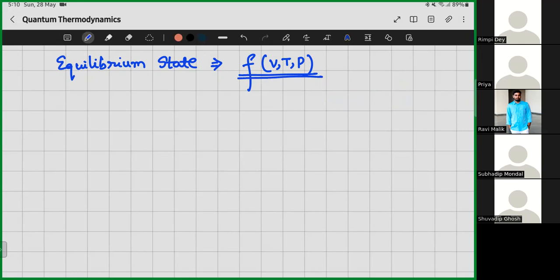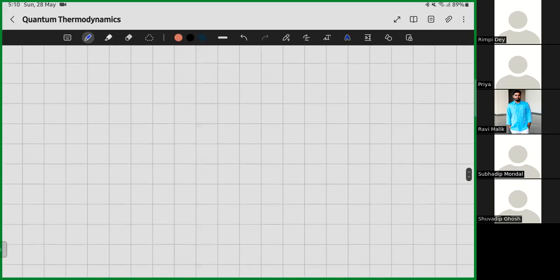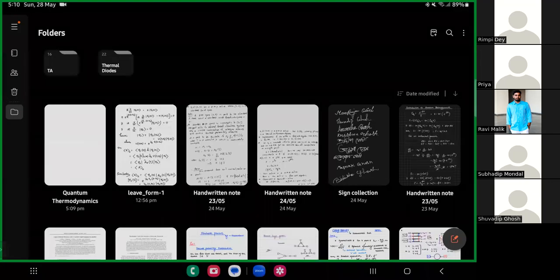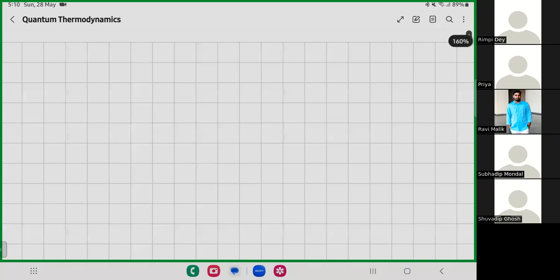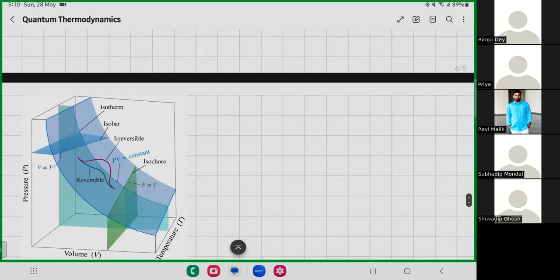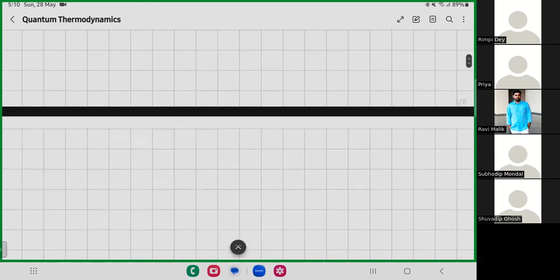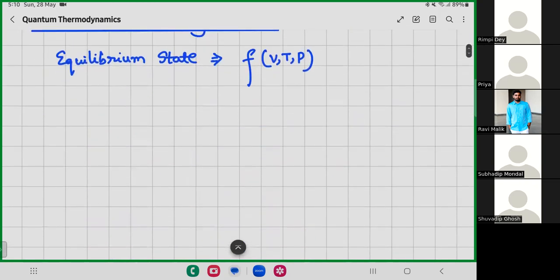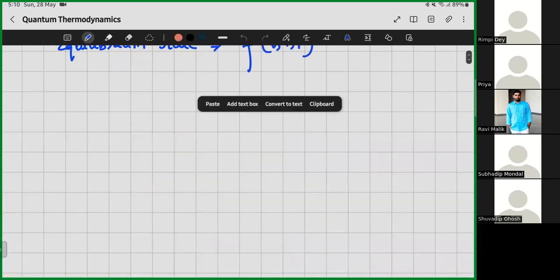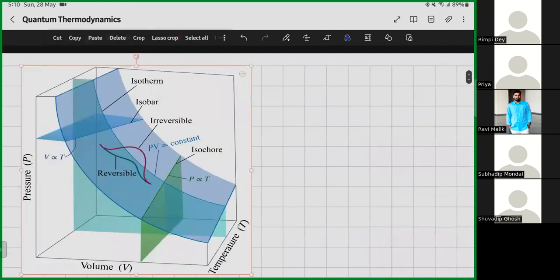Now I'm sharing this manifold. This is a manifold for pressure, temperature, and volume.